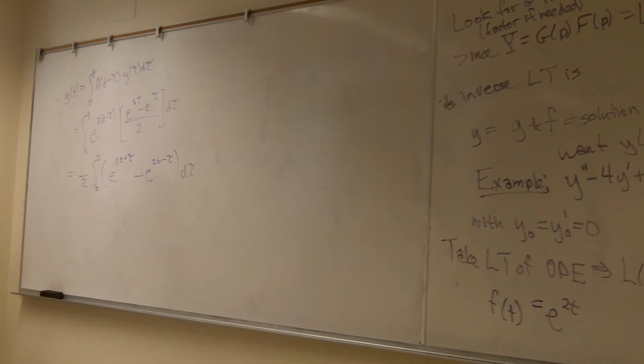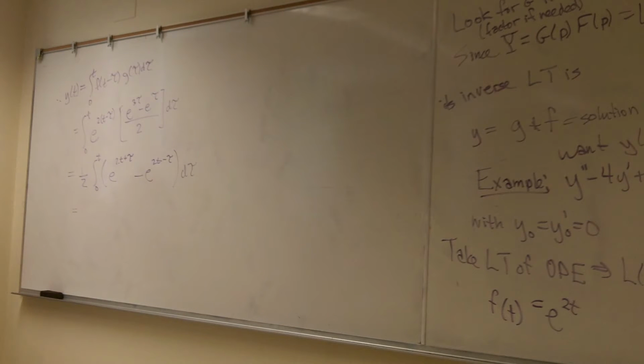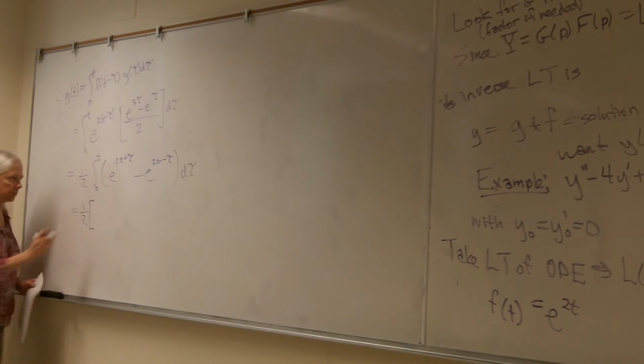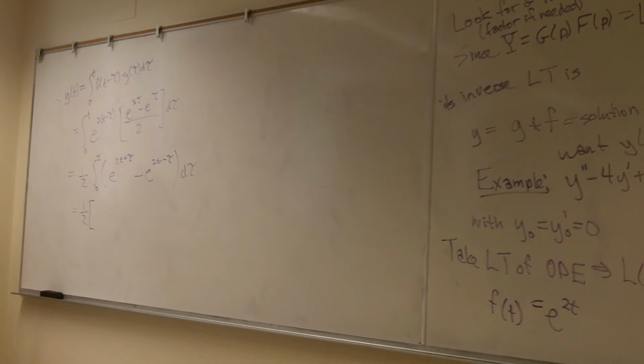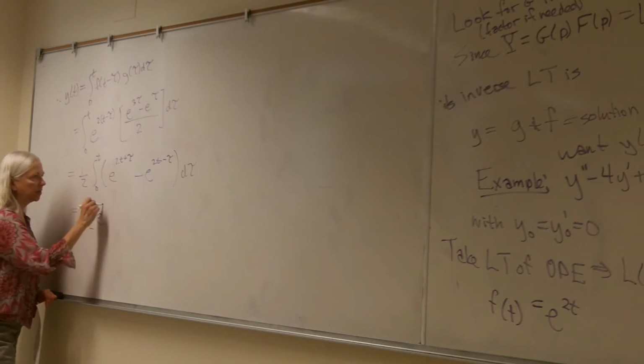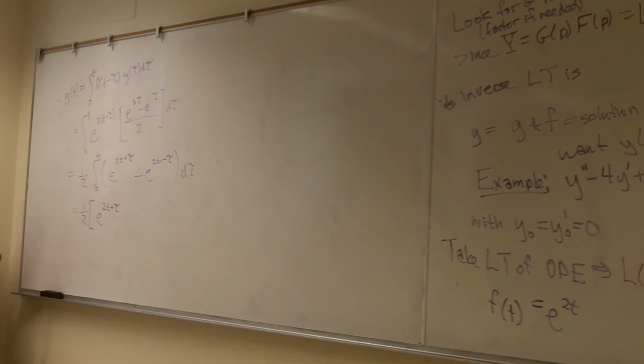Okay, so remember that we're integrating with respect to tau. We're treating t like a constant as we do this integral. So there's a 1/2 out in front. From this first term here, when we integrate this exponential, we get the same exponential back again, and we divide by the coefficient of the tau, which is 1, so that doesn't change anything.